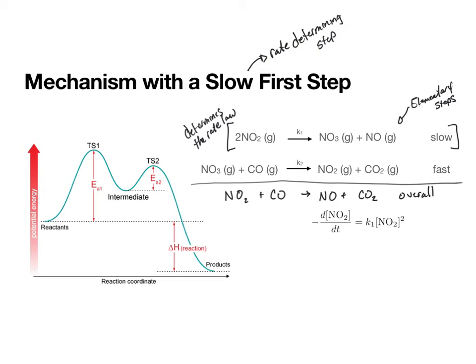And so in this case, our rate is going to be equal to k1 times our concentration of NO2 squared, because we have our slow step, and so our rate is our rate constant times our reactant, and we can use the stoichiometry of our reactant as our exponent for our rate law. And what we see is that our rate law does not include an intermediate or a catalyst. Therefore, our rate law is good.